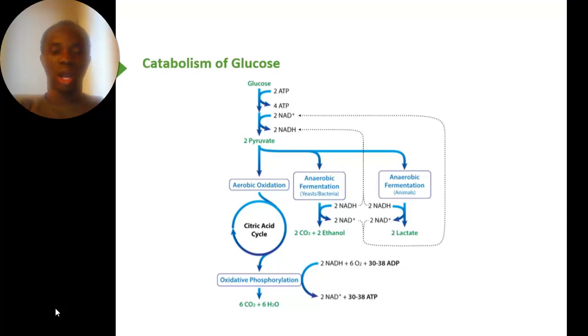I also want to note that this process we are looking at, the catabolism of glucose, is relevant because it is a very important process in the biochemistry of carbohydrates. When carbohydrates are digested through the digestive system, the end products of digestion are simple sugars, and one of the major simple sugars found in carbohydrates is glucose.